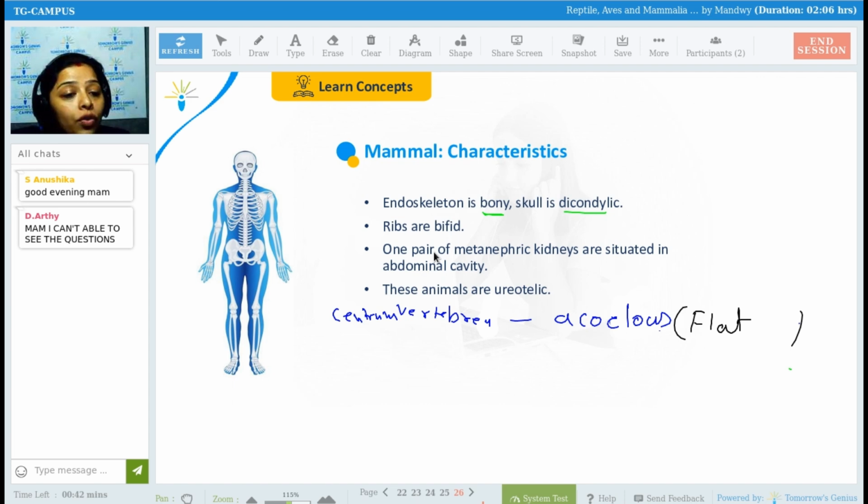All those rib bones which are not directly attached to the sternum are called floating bones, right? Ribs are bifid. Bifid means rib bones are also attached to the muscles. They are not free. And hence it is called bifid.